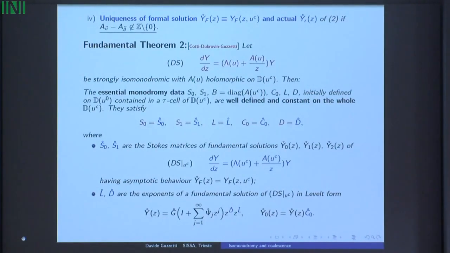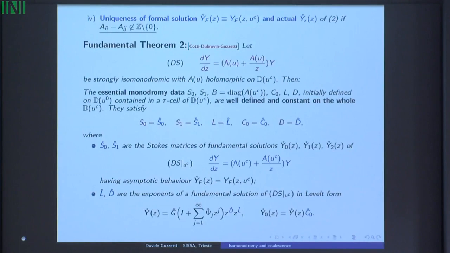So in the isomonodromic case, the assumptions of theorem 1 are satisfied, so we can directly apply this theorem. You consider our system. First of all, you can conclude that the essential monodromy data, which are these pink ones, S0, S1, L, C0, and D, are well defined in the whole polydisk.